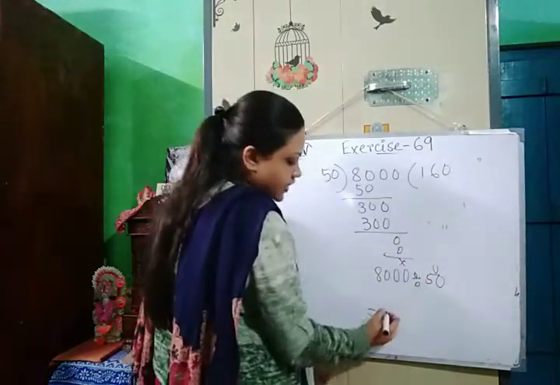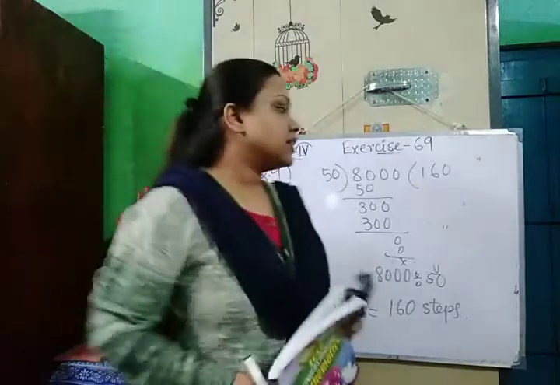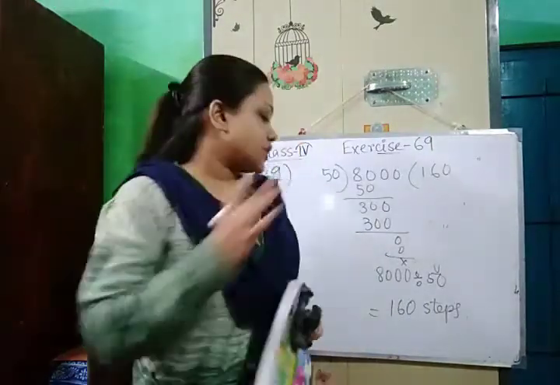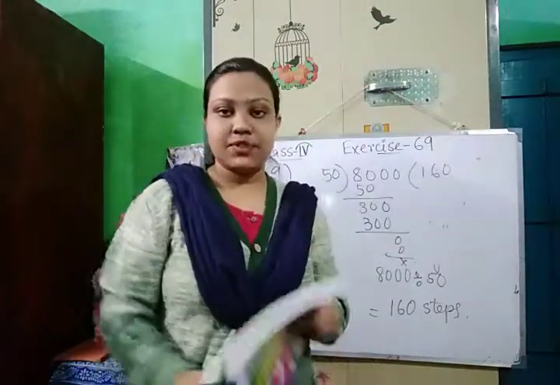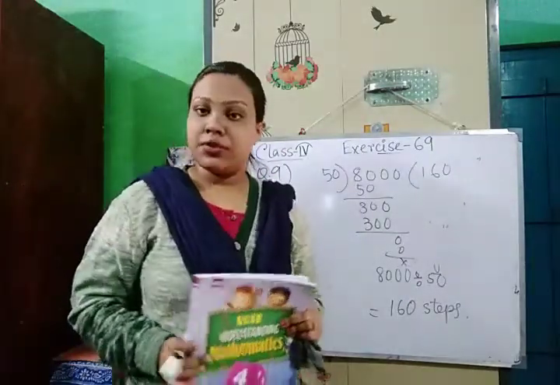So 8000 divided by 50 is 160 steps. So to cover the triangular path, Rekha will need 160 steps. Okay. So that was the last question from your exercise.